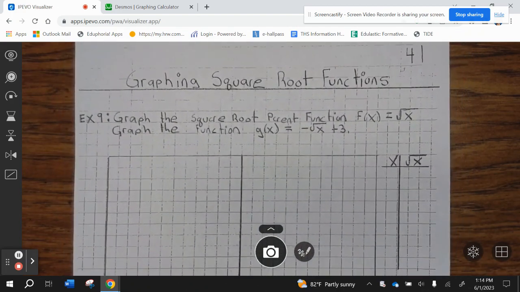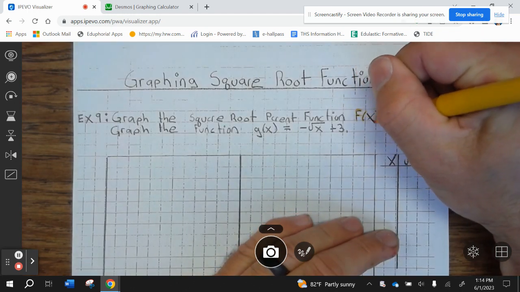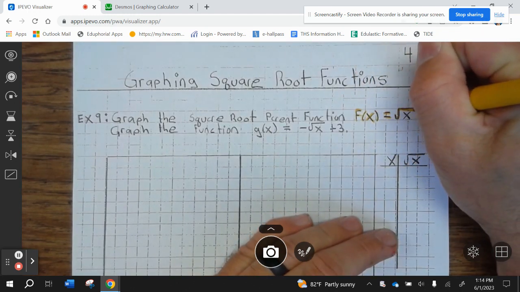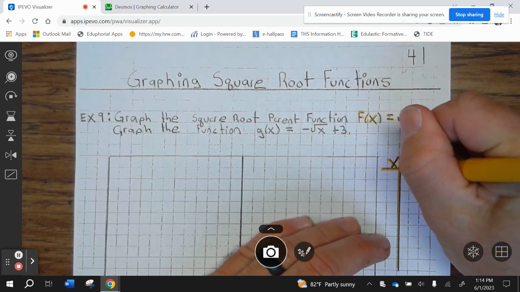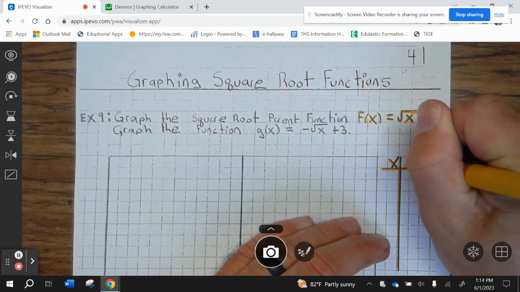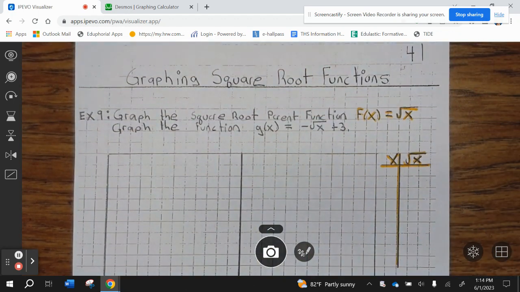All right. Graph the square root parent function and the graph of the function g of x. So let's just do these in color, so it's easy to see the difference. Okay.